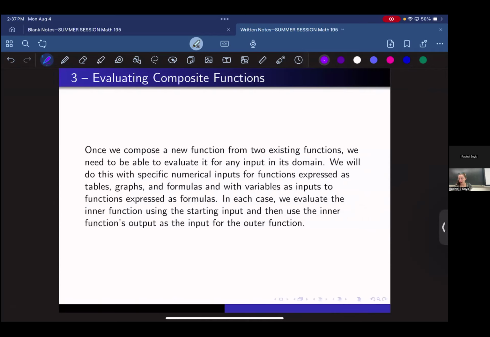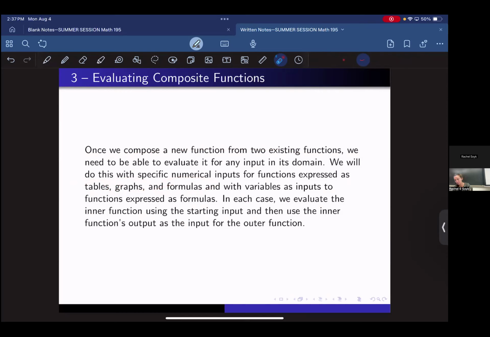And then now we're on to our third objective, evaluating composite functions. I'll read this part for you guys. Once we compose a new function from 2 existing functions, we need to be able to evaluate it for any input in its domain. We'll do this with specific numerical inputs for functions expressed as both tables, graphs, and formulas, with variables as inputs to functions expressed as formulas.